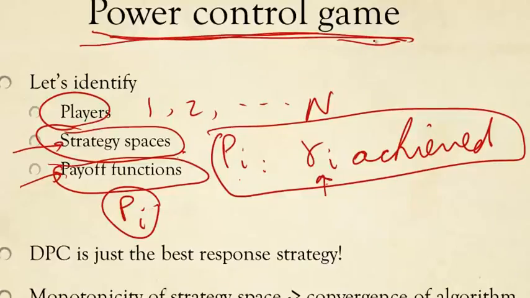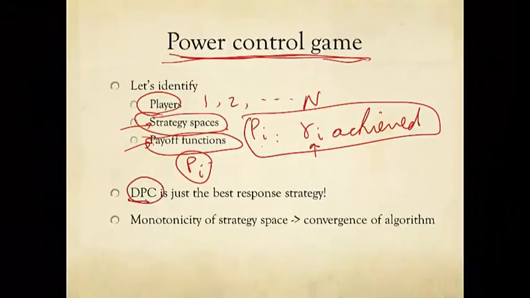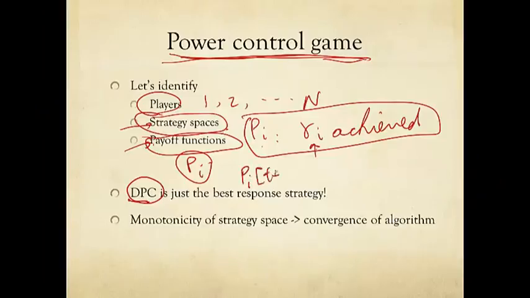And here are two simple but important facts. Fact number one, you can easily verify for yourself, is that the DPC algorithm, what is the algorithm again? It says that the transmit power for each transmitter i at time t+1 is the current transmit power times the ratio between the target SIR and the current SIR at time t.